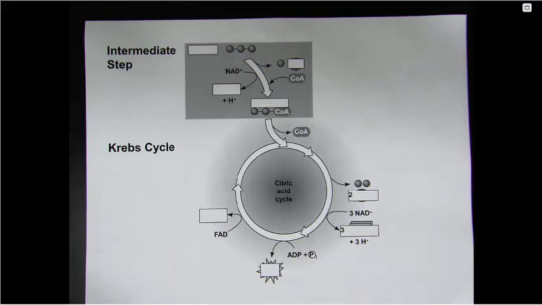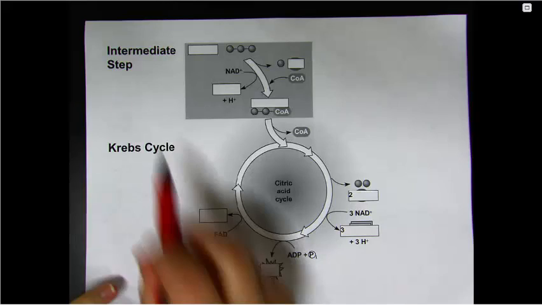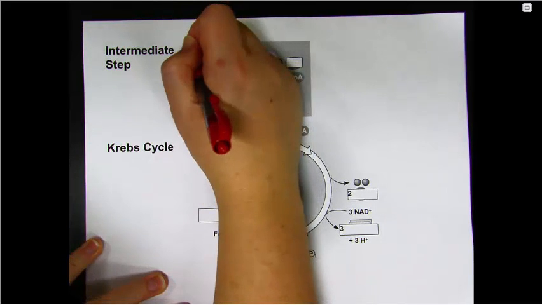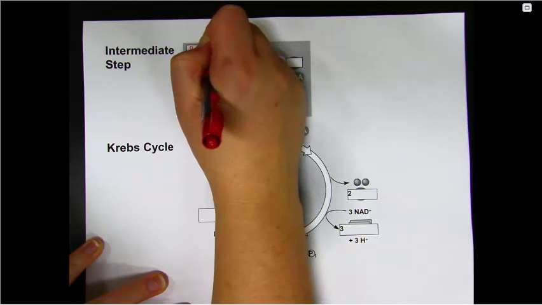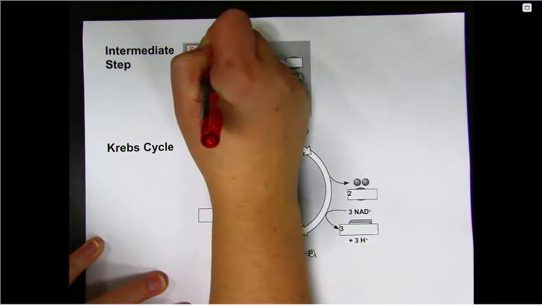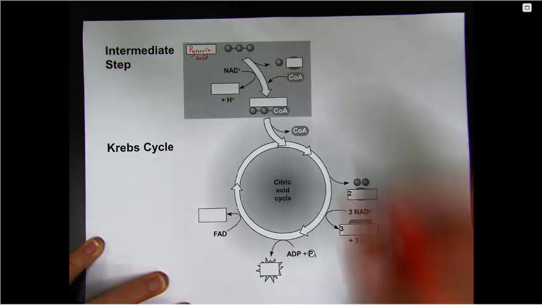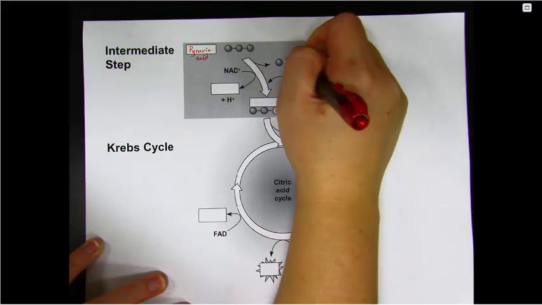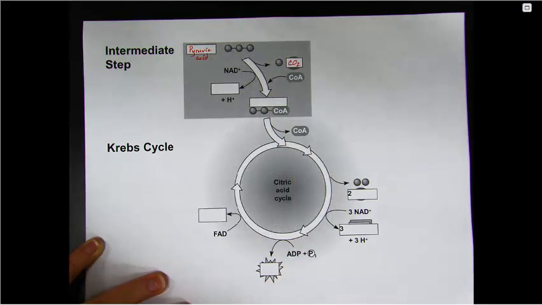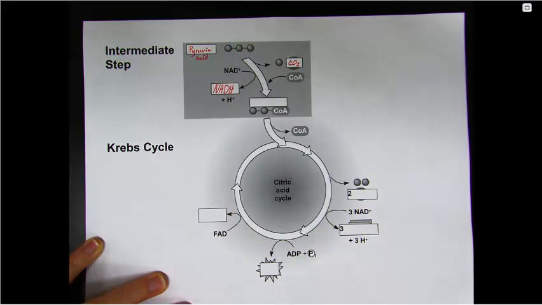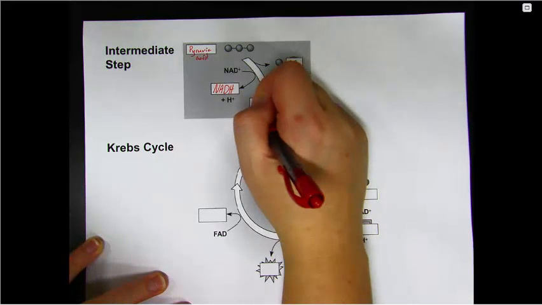Now that we have finished step number 1, cellular respiration continues with this intermediate step. So we start by taking our pyruvic acid, also known as pyruvate, and it goes through a series of reactions that produces a little bit of carbon dioxide, and it produces a little bit of NADH, but ultimately the real goal is to create acetyl-CoA.